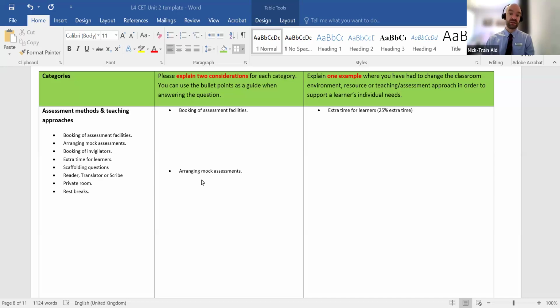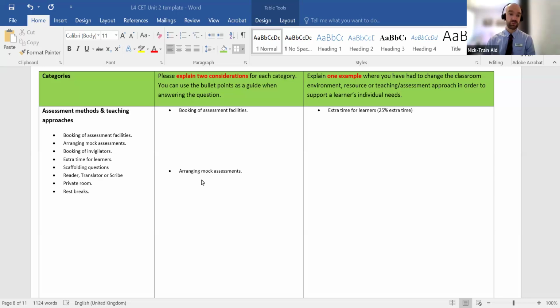But again, I would need to print out the test paper, the mock test paper. I would need to hire out facilities again. I would need to arrange for exam markers as well. So I'd have to ask my colleagues to mark the mock test papers as well. So they would obviously mark them and provide feedback. So a lot goes into the planning of assessment methods as well.